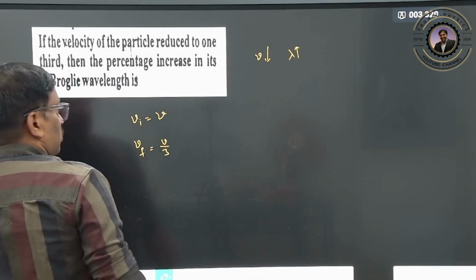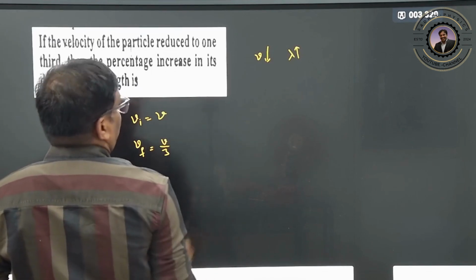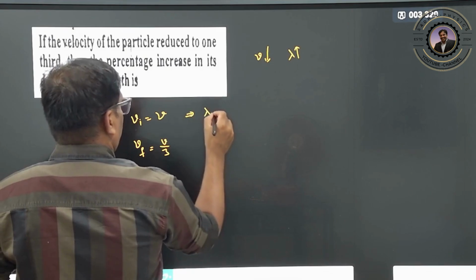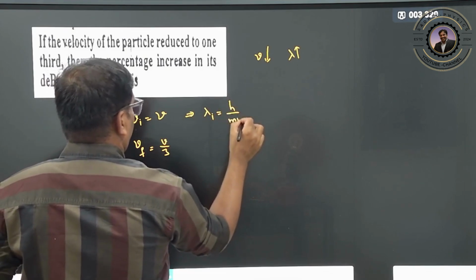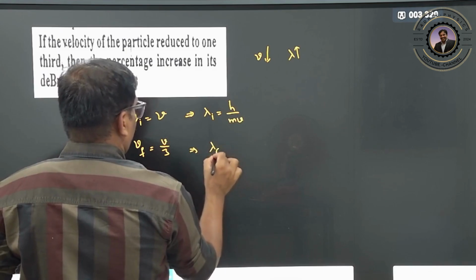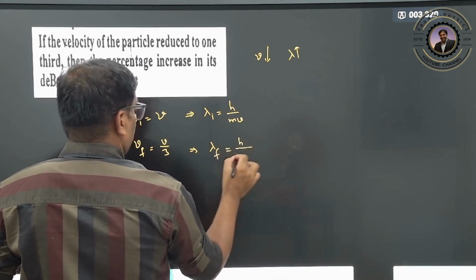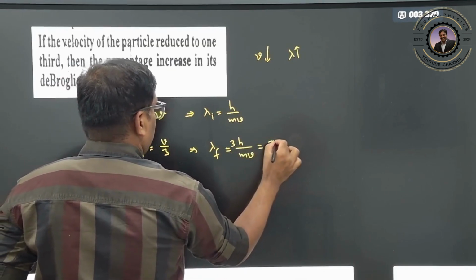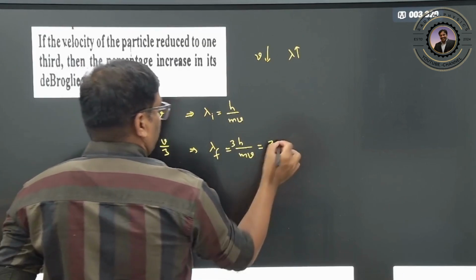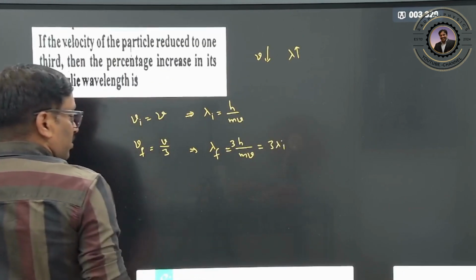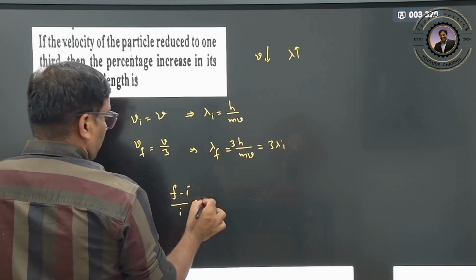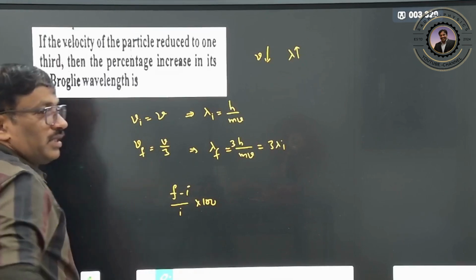Clear? So, the initial de Broglie wavelength, what can you write now? Here it will be h by mv. So, the final de Broglie wavelength is h by m into V by 3, which is 3 times the first lambda. Any time percentage means what you have to write? Final value minus initial value by initial value into 100. Keep in mind, percentage means you have to write it like this.